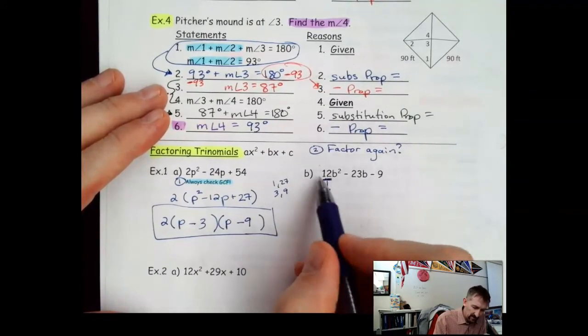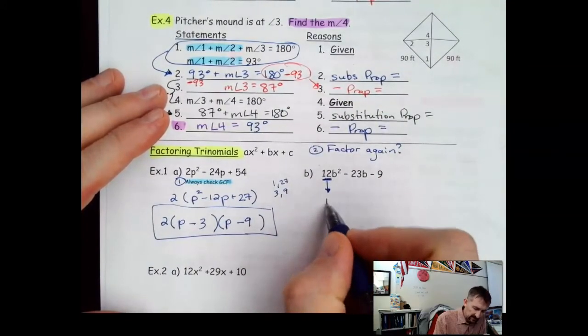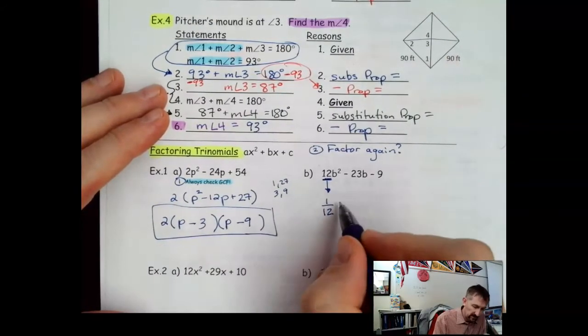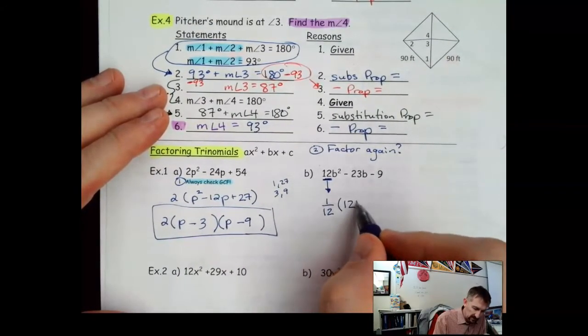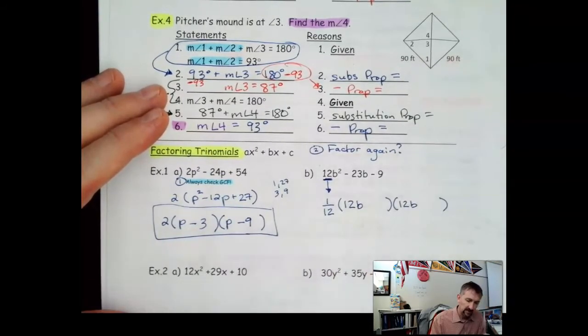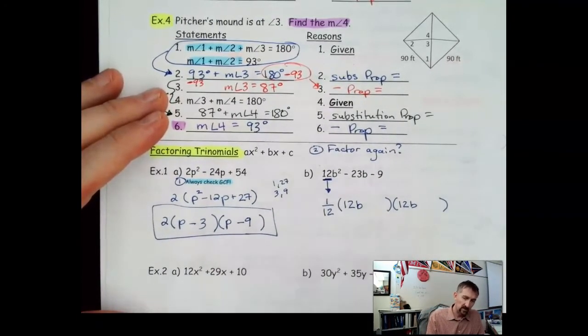Whatever number is being multiplied out in front, if there's no GCF, we just write that as a fraction. So 1/12. Then we write 12b and 12b. Same thing both times. If we multiplied this out, 12 times 12 divided by 12, then we would just have 1/12. So that's fine. We've just rearranged that somewhat.